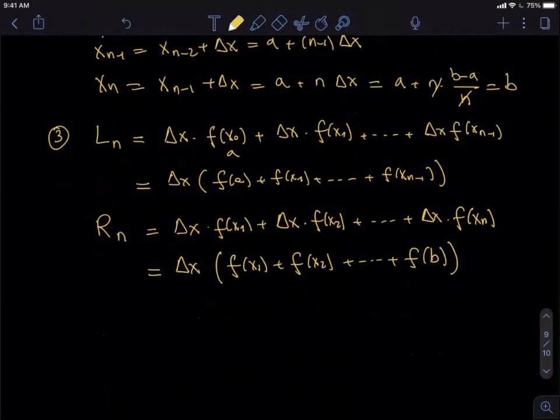And then this is the reason why I was writing this in this way. Remember I said that the area that we want is somewhere in between these two. So the exact area, not an approximation, the exact one, is the limit of these two.